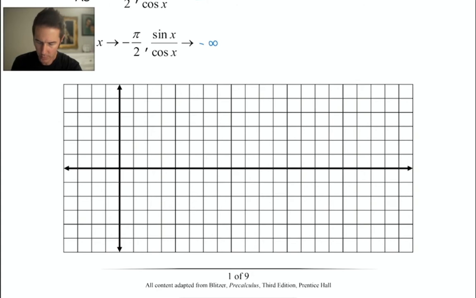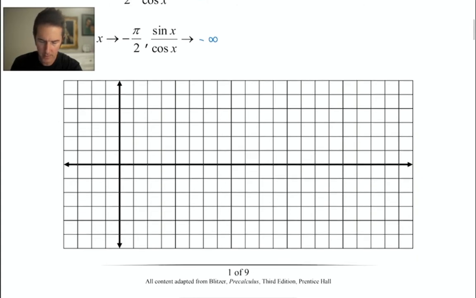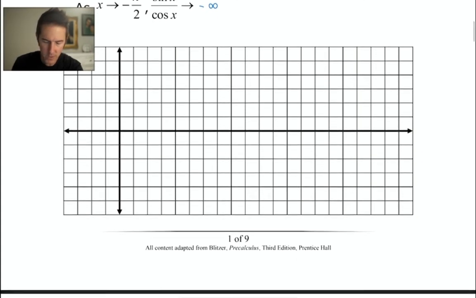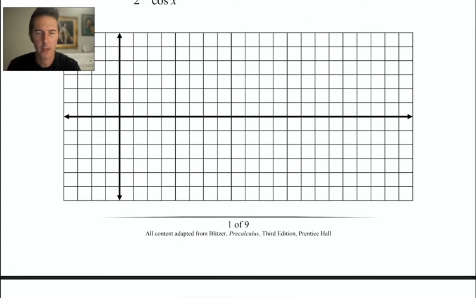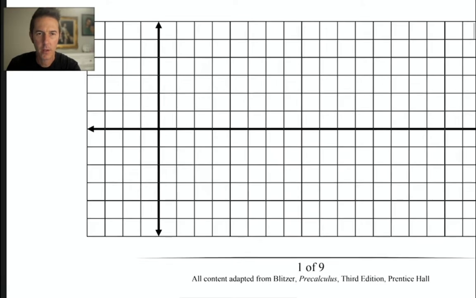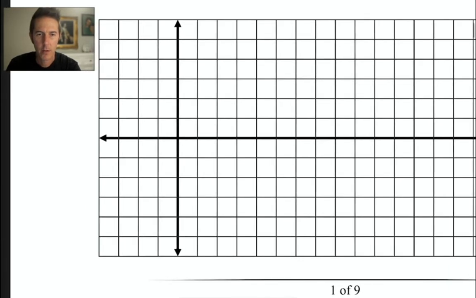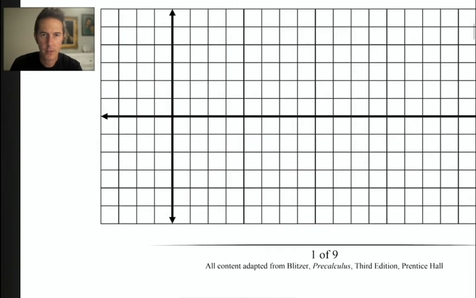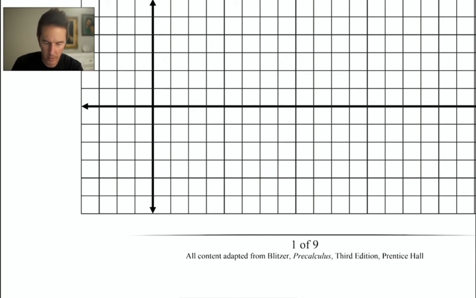Let's see. The existing y-axis that you're seeing here, let's go ahead and use that. And then down at the bottom here, let's label and say that this is negative pi over 4, and 2 more boxes to the left is going to be negative pi over 2.